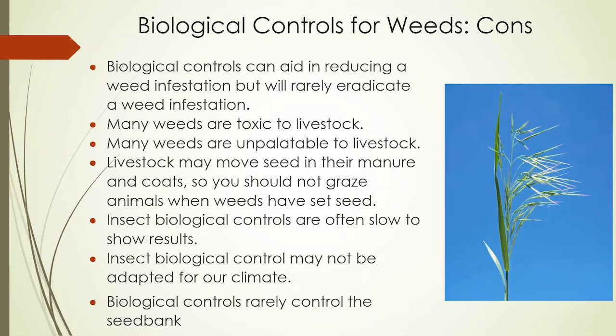Livestock can move seed in their manure and coat, so you want to make sure you're grazing the animals not when the weeds have set seed. Insect biological controls are really slow to show results. And again, those insects may not be adapted to our climate, and biological controls rarely control the seed bank. So you've still got that seed bank to worry about.